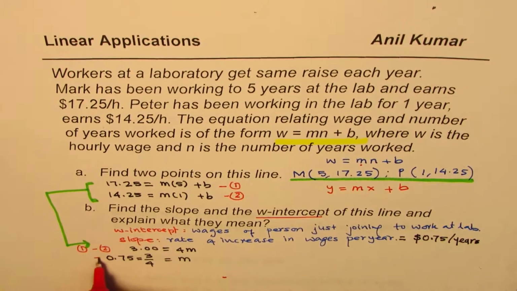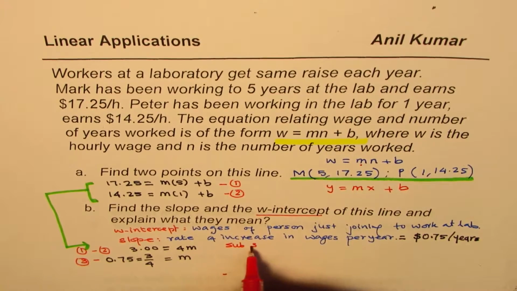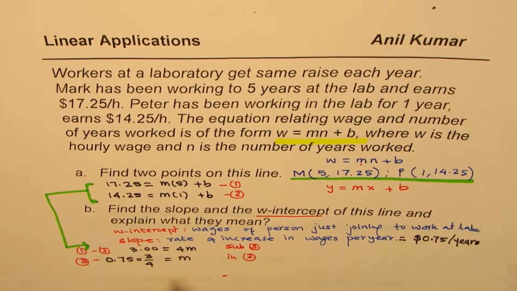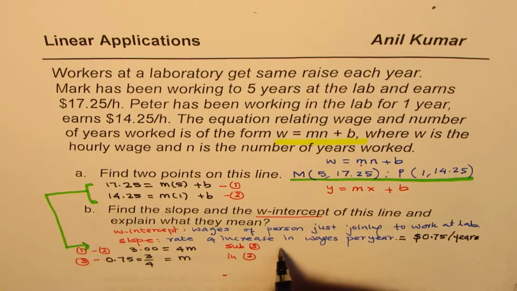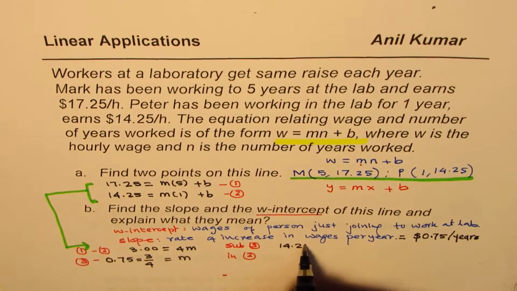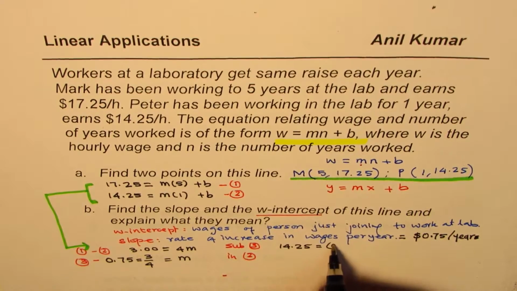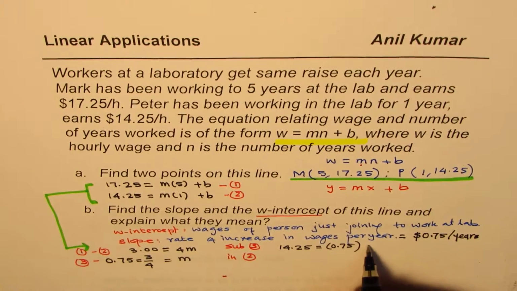Let me call this equation 3. Now we substitute 3 in equation 2, as it is simpler to solve. So m is 0.75, which I'm substituting here. We have 14.25 equals 0.75 plus b.